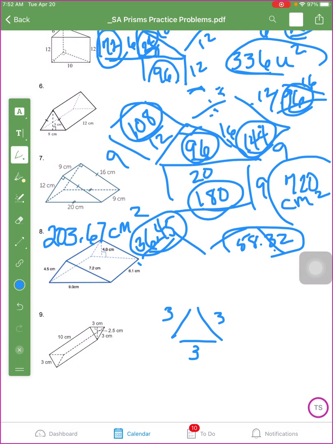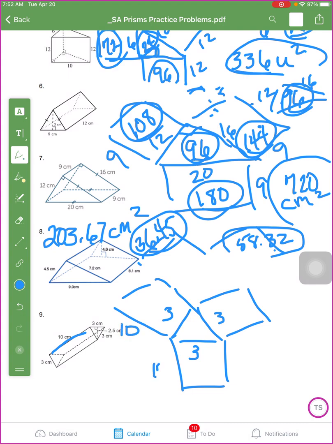That'll make it a little bit easier. So that means all my rectangles are exactly the same. The height of the prism is over here on this side right here, so that would be 10. And then my triangle has a base of 3 and it has a height of 2.5.